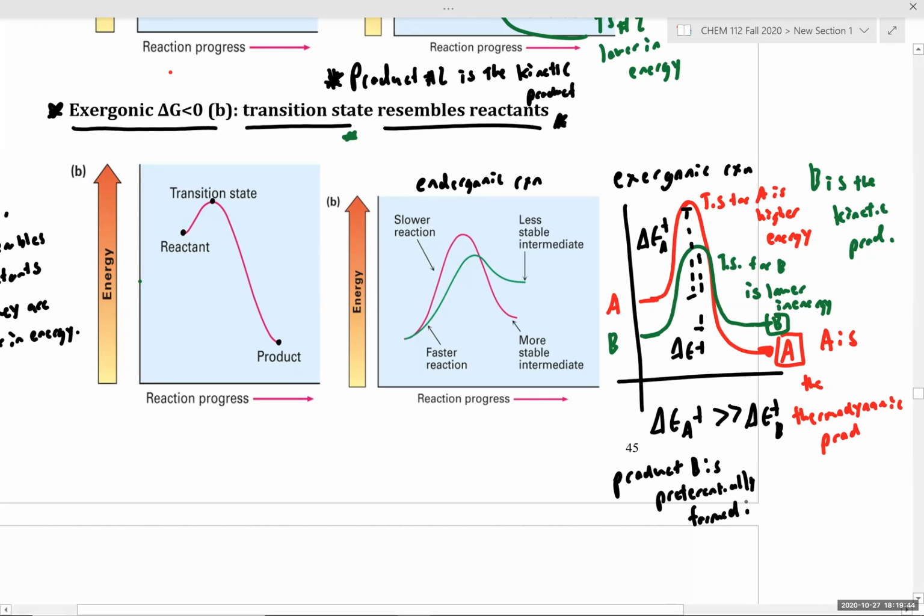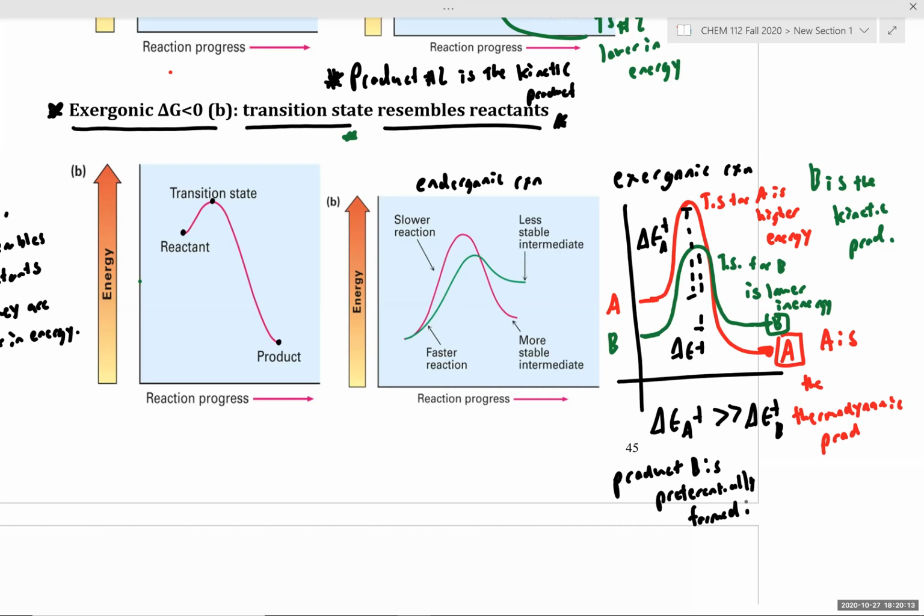It's favored in terms of the pathway having a lower activation energy. A is known as the thermodynamic product because even though the pathway has a higher activation energy, product A overall is lower in energy. Does that idea make sense to everyone?